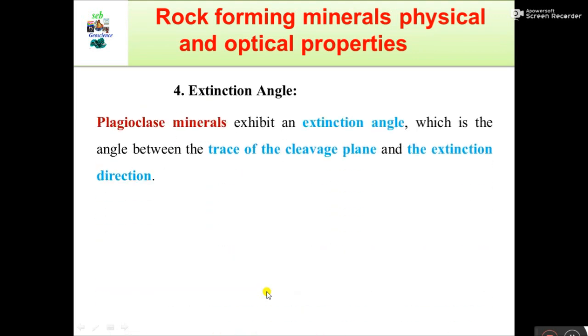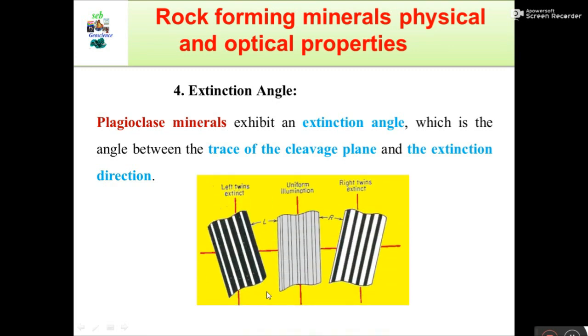Okay. The fourth important optical property of plagioclase is what? Extinction angle. Plagioclase mineral exhibits an extinction angle, which is the angle between the trace of the cleavage plane and the extinction direction. Extinction means black: when rotating the stage of the microscope, the mineral grain becomes black.